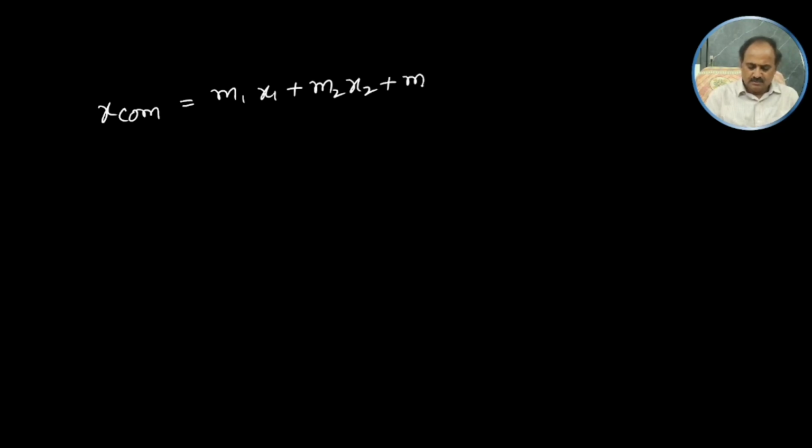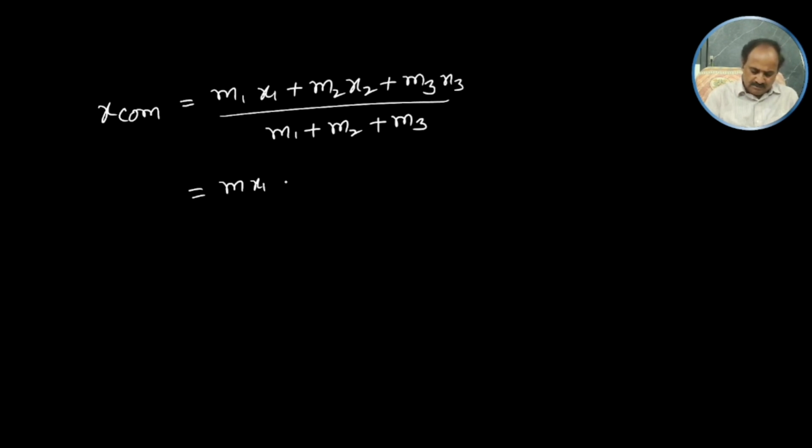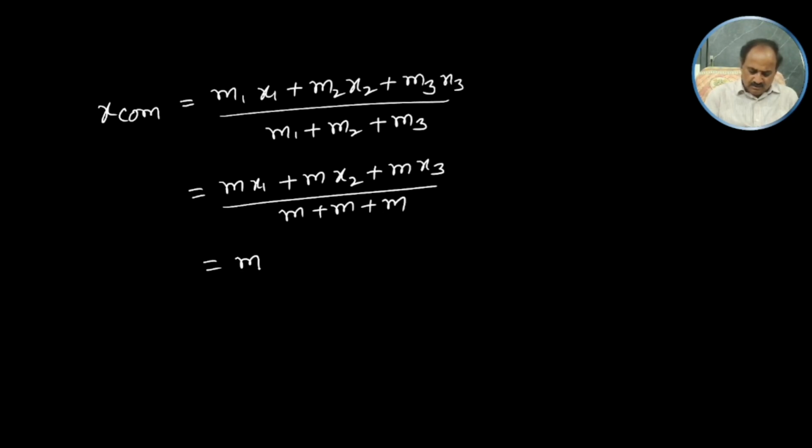Then the center of mass distance, x COM, equal to m1 x1 plus m2 x2 plus m3 x3 divided by m1 plus m2 plus m3. Since m1 equal to m2 equal to m3, it is m x1 plus m x2 plus m x3 by m plus m plus m, that is m into x1 plus x2 plus x3 divided by 3m.